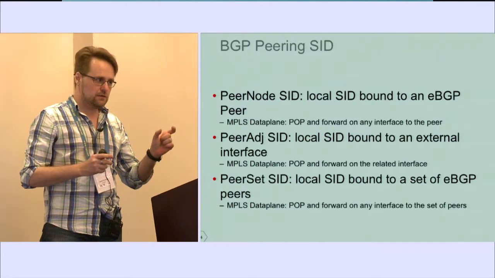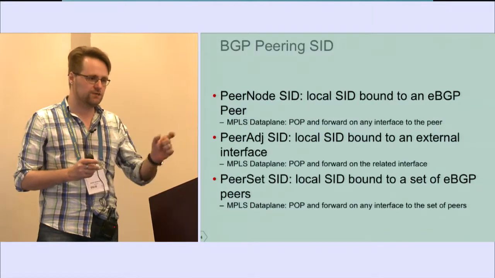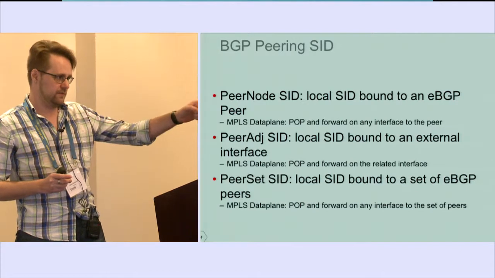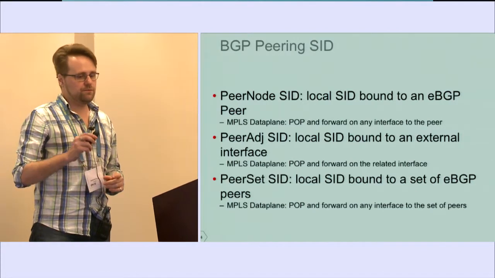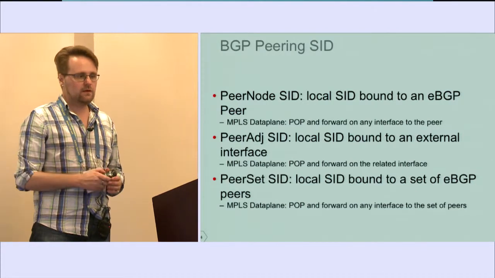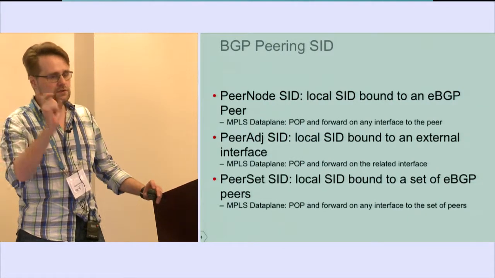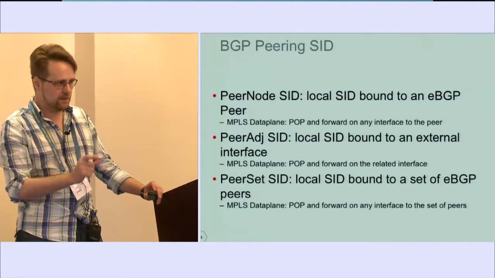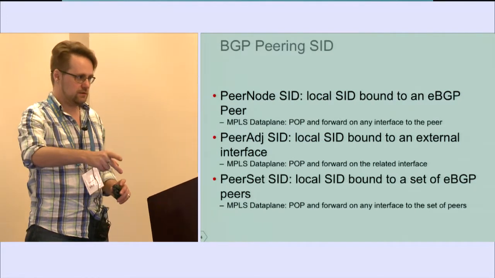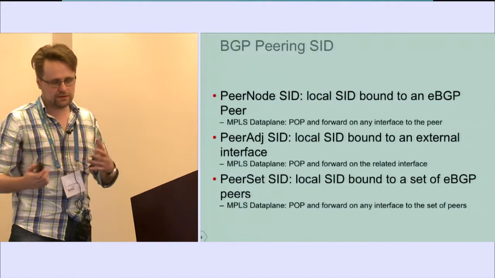Peer node SID, that's an ID that identifies our peer. Peer adjacency SID, that's a SID that identifies our link.